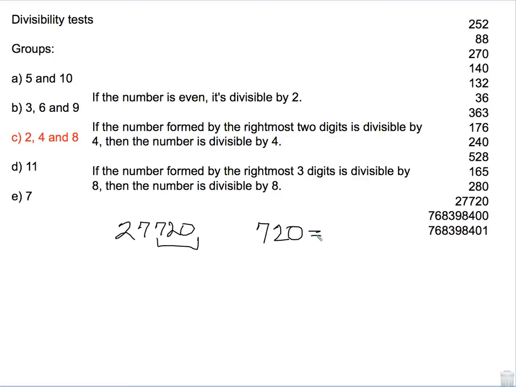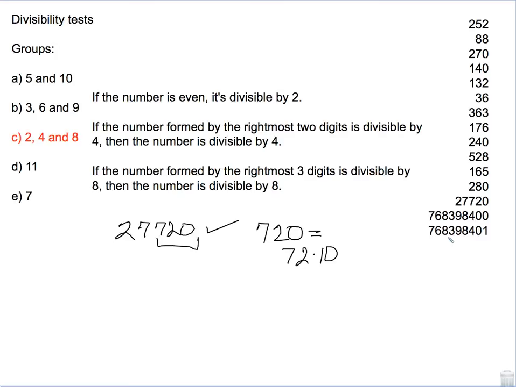And since 720 is 72 times 10, and 72 is divisible by 8, 720 is divisible by 8, and therefore 27,720 is divisible by 8.